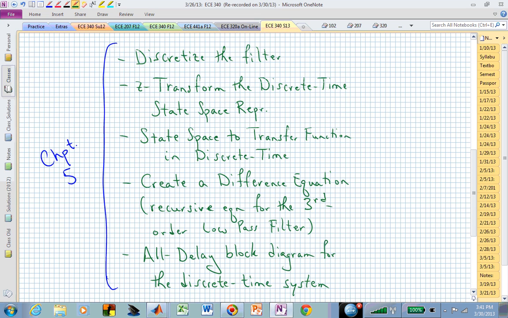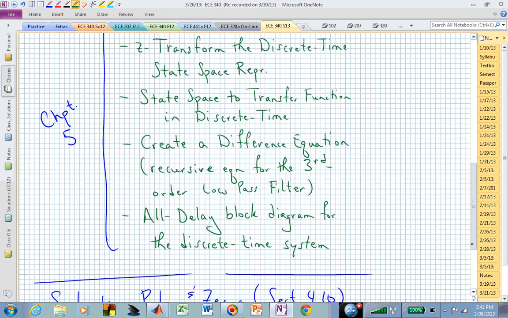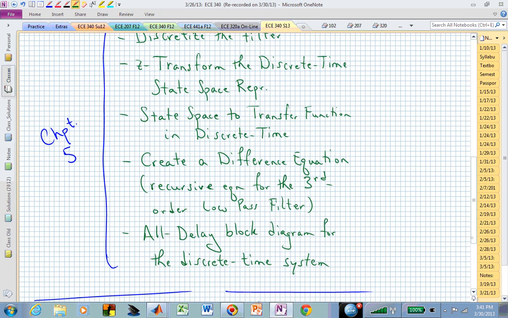Once we have a transfer function in the discrete time setting, we can do similar analysis and manipulation techniques that we've done before, and create a difference equation. Once we have a difference equation, we can produce an all delay block diagram. And from that all delay block diagram, you can think of how you might realize or recursively implement a filter.